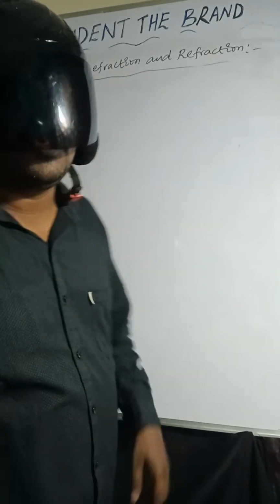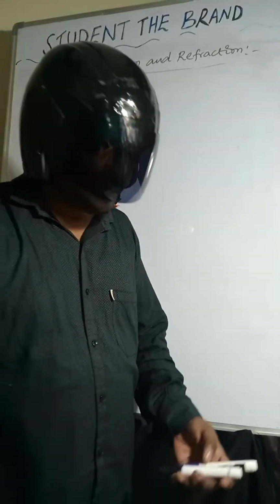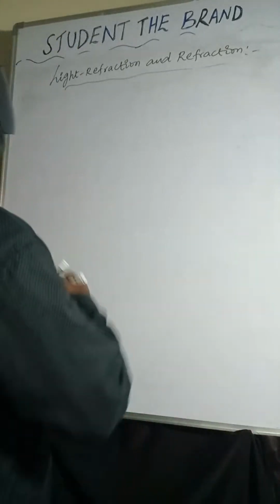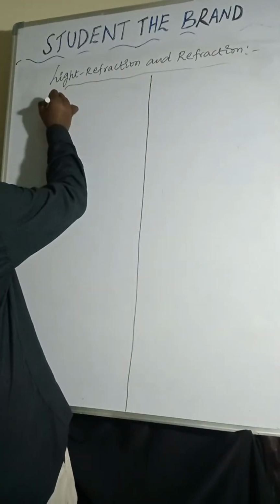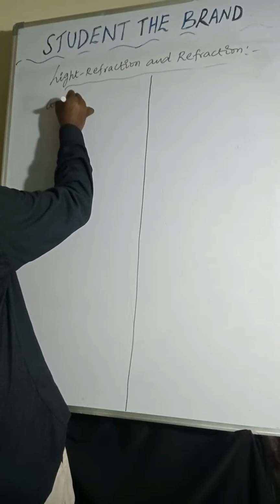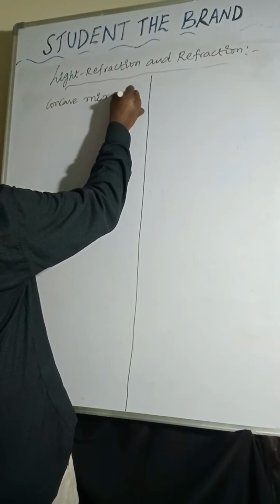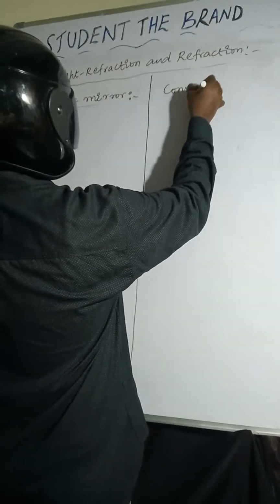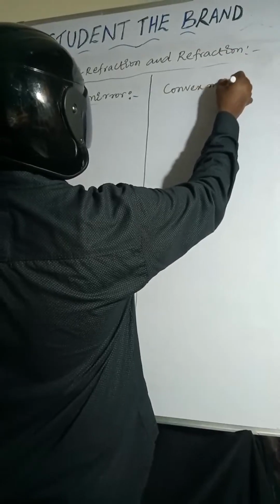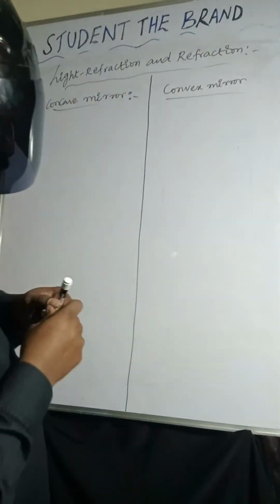Here you can see the ray rules of the concave mirror and the convex mirror, starting with the concave mirror.